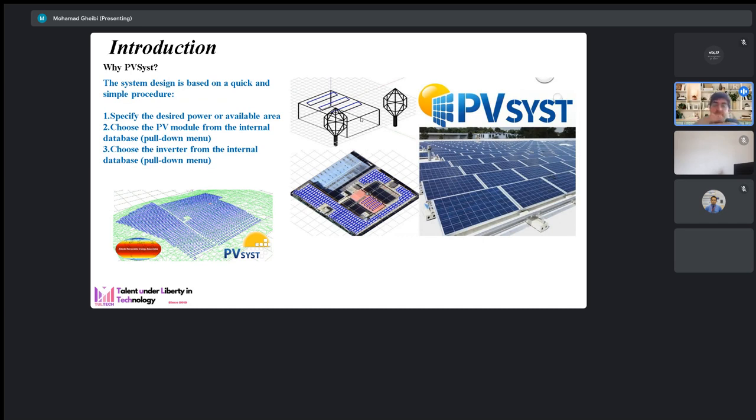Also you can import data about a new company based on the specifications that you have into the software, and you can use it based on your local region. And finally, the internal inverter and the connection between the inverter and photovoltaic panels is another issue that is covered in this software.